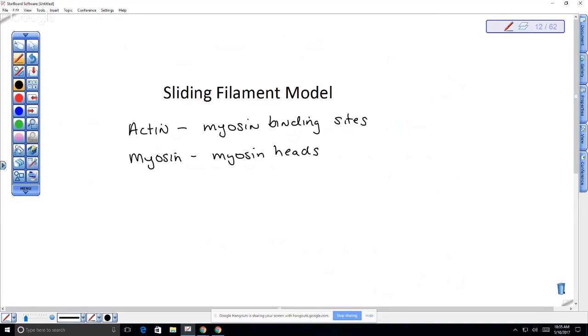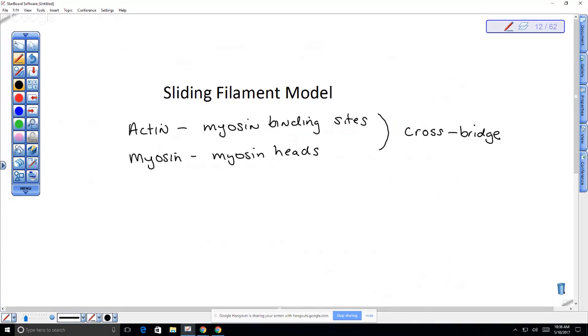When the myosin heads bind to the myosin binding sites, that is called a cross bridge. So if you combine these, you get what is called a cross bridge.